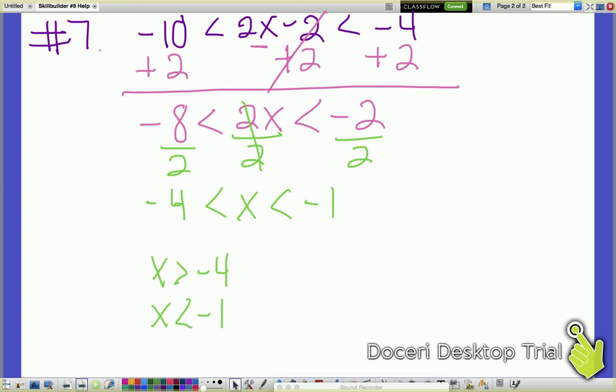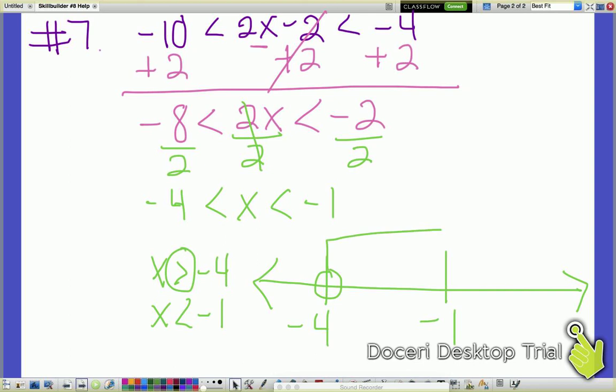And I'm just going to quick make a graph here. It's not the same as yours. So that means I have an open circle because I don't have a line underneath. They connect. Or sometimes people shade in between. Either way that you want to graph it is fine.